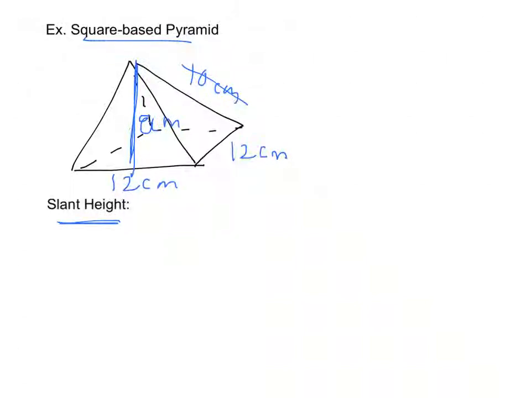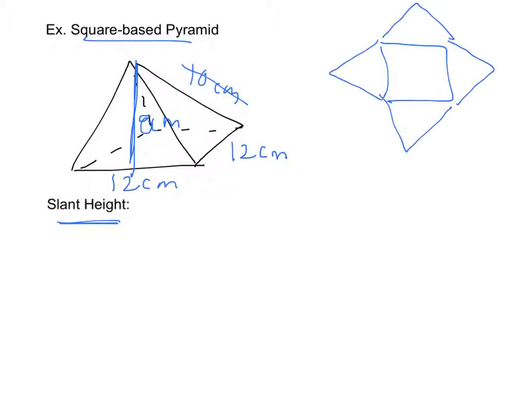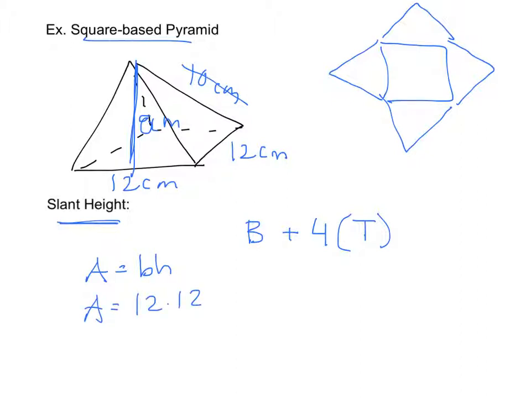So we're going to have one base and then 4 identical triangles. So that makes it pretty easy. We can find the area of the base plus 4 times the area of the triangles. So essentially the area of the base we know is going to be base times height, or 12 times 12, and then the area of the triangle is going to be base times height over 2, or 12 times 8 over 2.